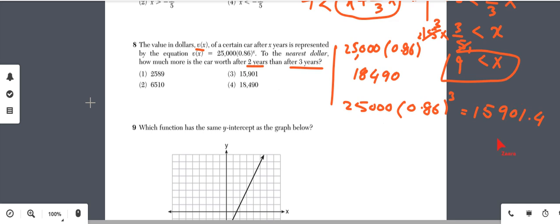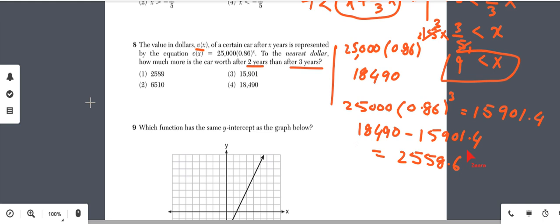Now let's subtract them. 18490 minus 15901.4, the answer becomes 2558.6.